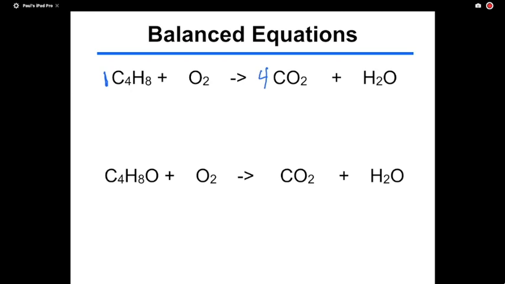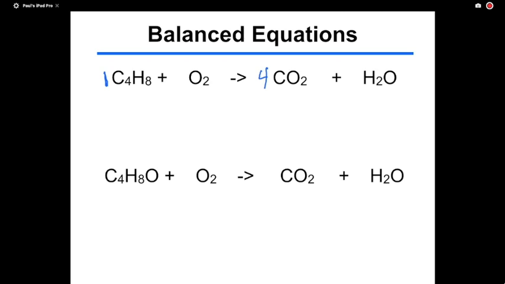The next one I choose is hydrogen. On the reactant side, how many hydrogens total? 8. On the product side, how many hydrogens total? 2. This is the biggie, right? So this is going to be why I make any decision on this side. What could I put in front of this to make it 8?